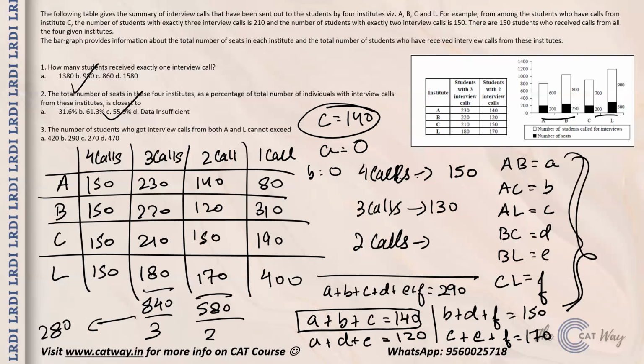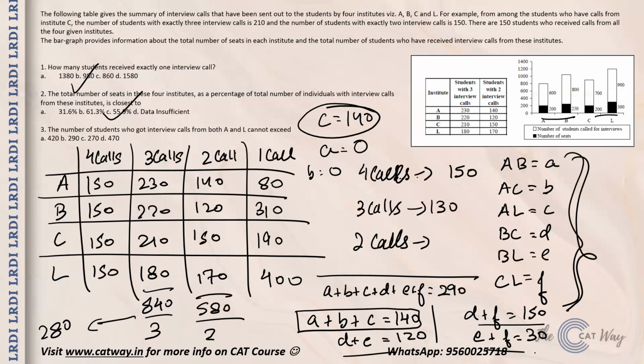Now what we have is C. In that case, D plus E will be 120. Similarly, D plus F will be 150. And you know that C is equal to 140. Now in the case that we are considering, the maximum value of E plus F will be 30. Now guys, if you solve for these three only, what do we get?